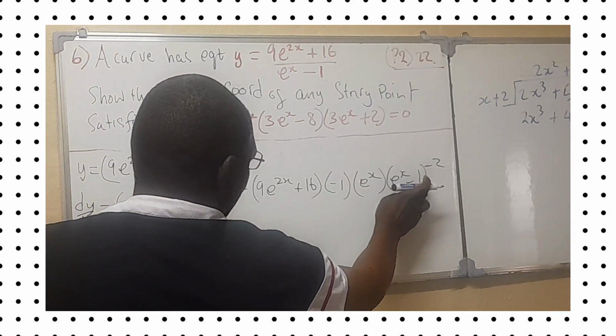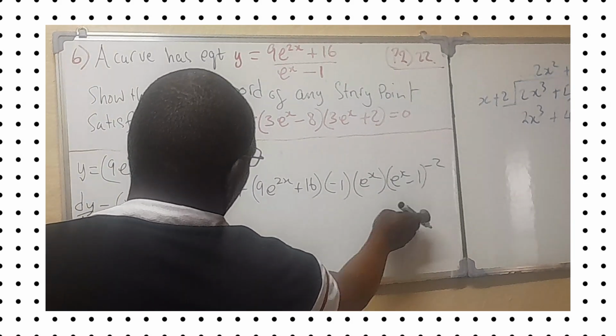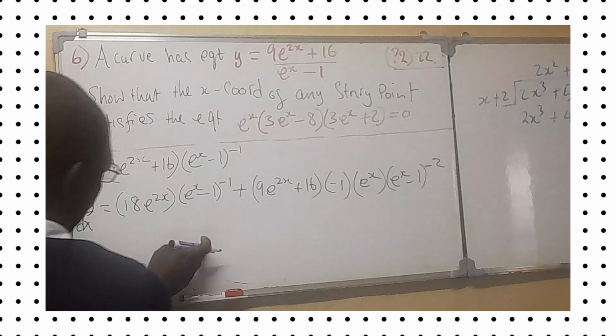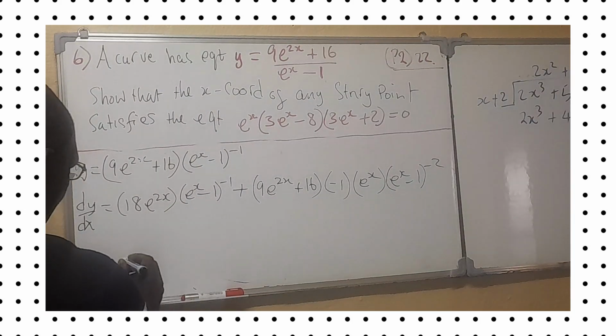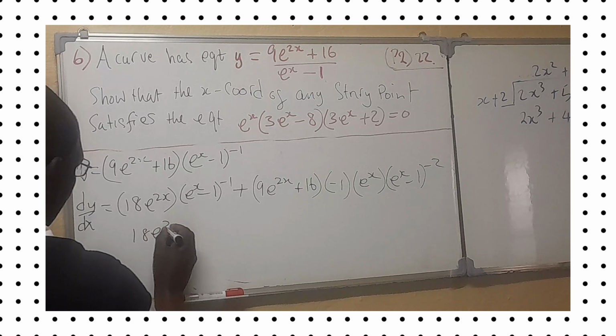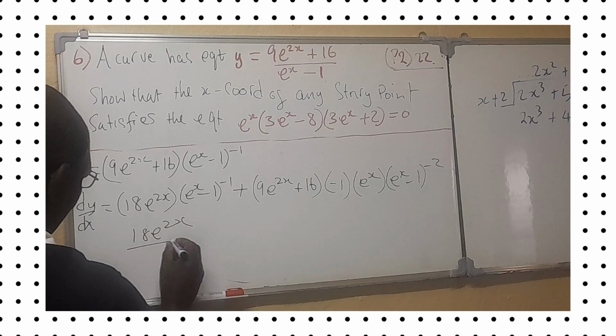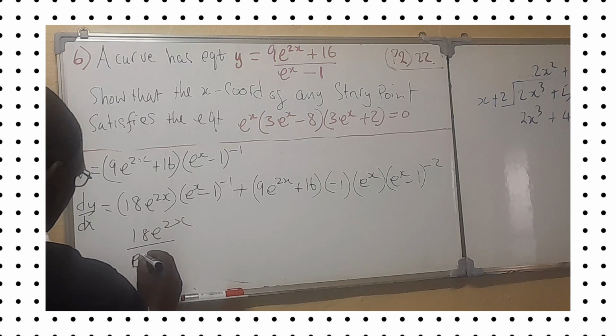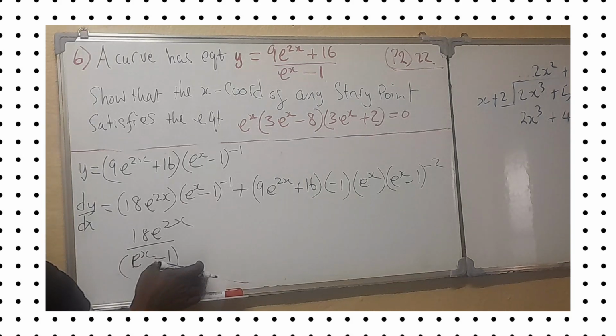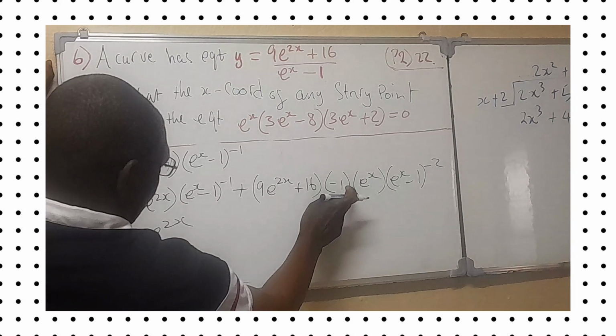That needs to be brought down. This is squared down here. This will be to the power 1 down here. So let's write it as 18e^(2x) divided by (e^x - 1). I've just brought down this one. Then, of course, look at that.